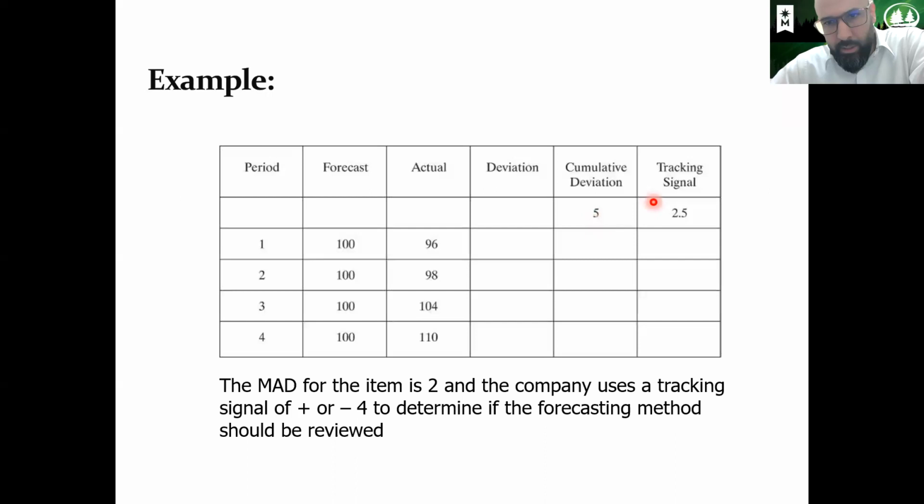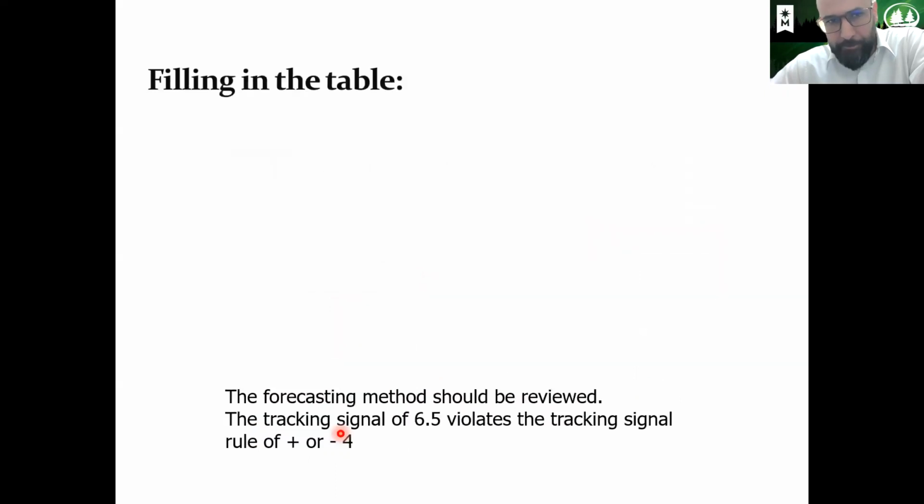And the MAD for this item is 2, based on the previous calculation. We know that. So what does that mean? The company uses tracking signals of plus or minus 4. This is the forecasting error limit, so we need to determine whether the signal of plus or minus 4 would be okay.